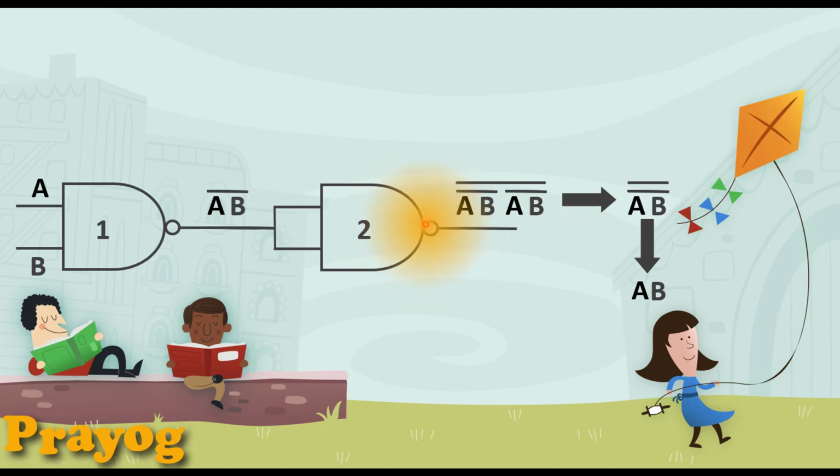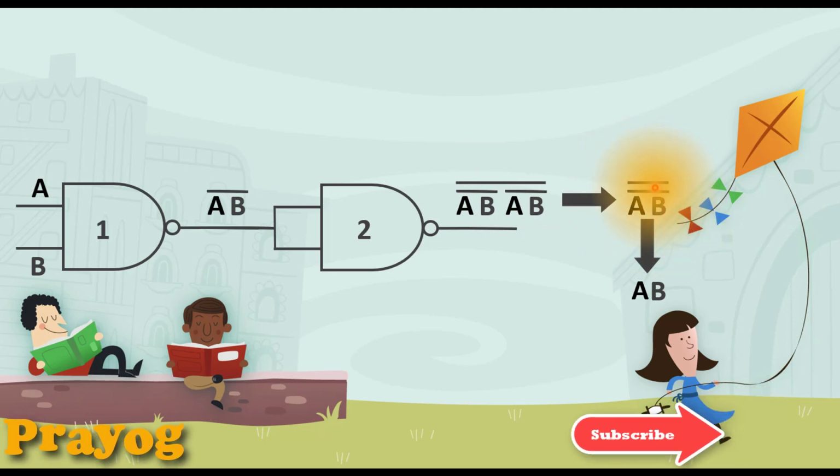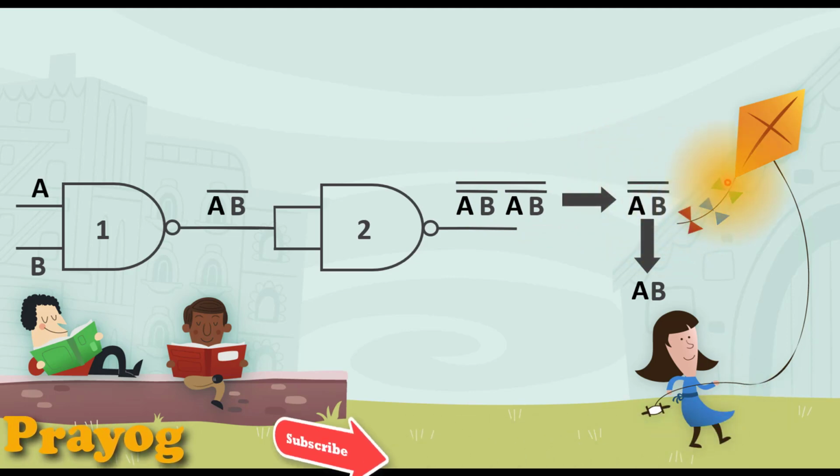Recall the theorem x into x is equal to x, so that it can be applied to AB bar into AB bar. That becomes AB bar, and this complement is carried to the next stage so that it becomes AB bar bar. Recall another theorem, x bar bar is equal to x, so that AB bar bar is becoming AB.